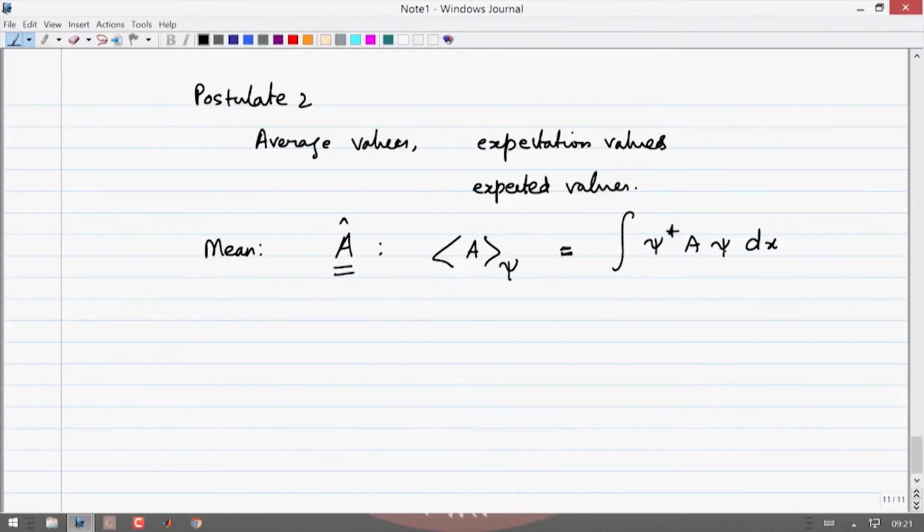I am writing dx for the integral over all the configurational space, divided by integral psi star psi dx. And if the wave function is normalized, this is usually 1 for a normalized wave function.